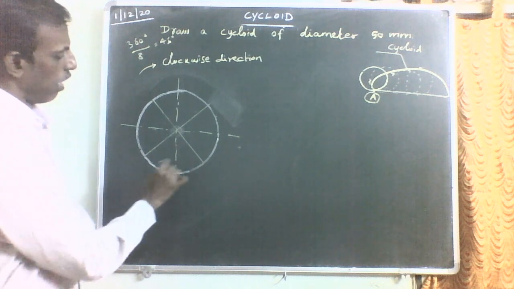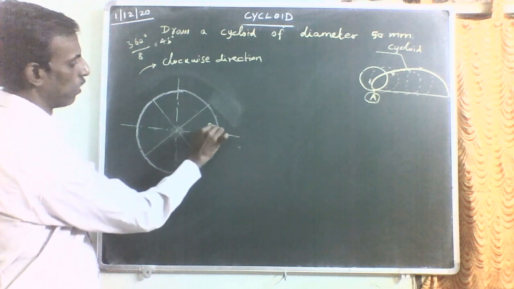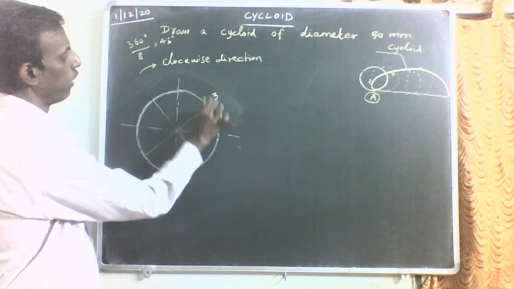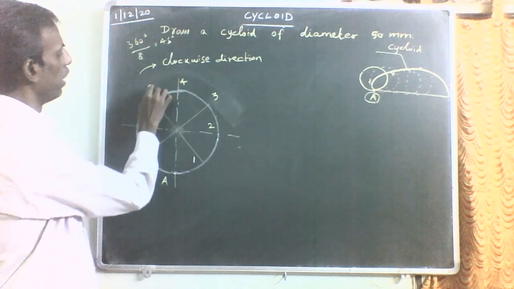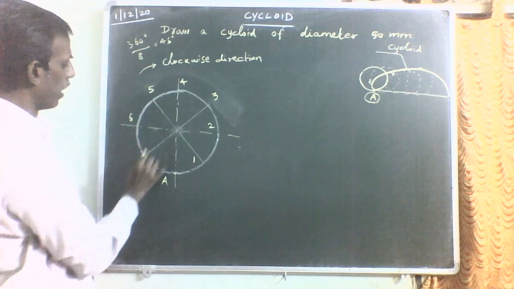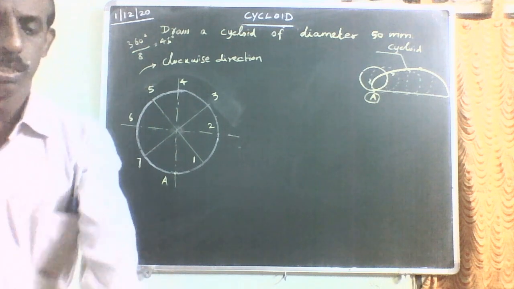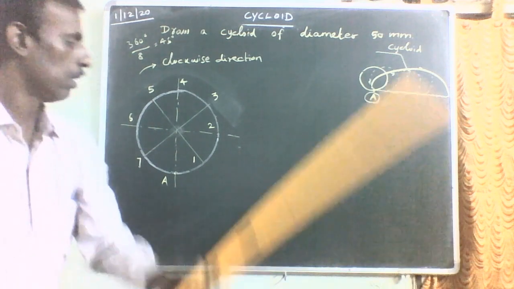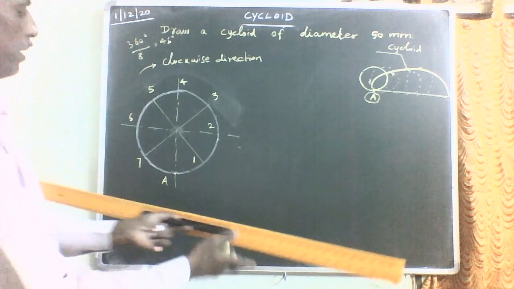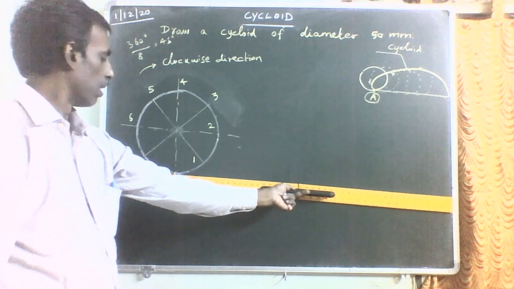Okay, we are going to give the notation here, 1 up to 8 points, in the anti-clockwise direction. Now, through this division point A, you draw one horizontal line.